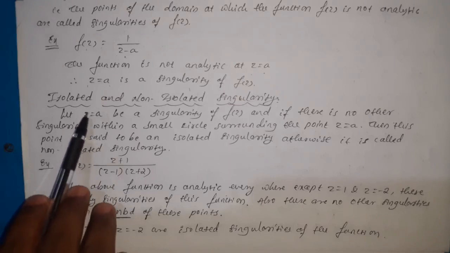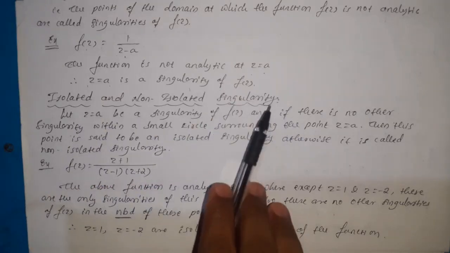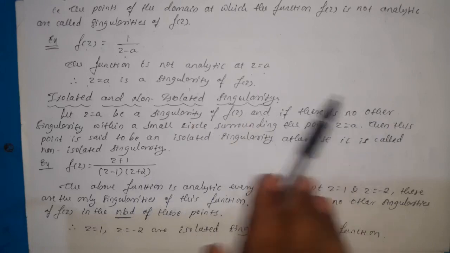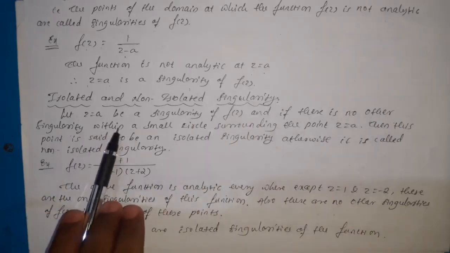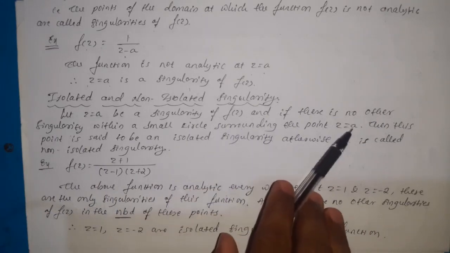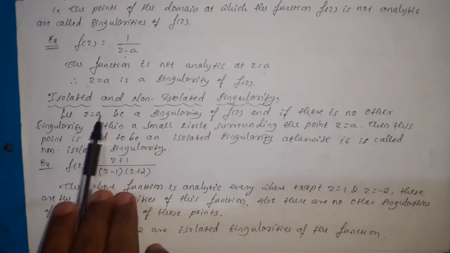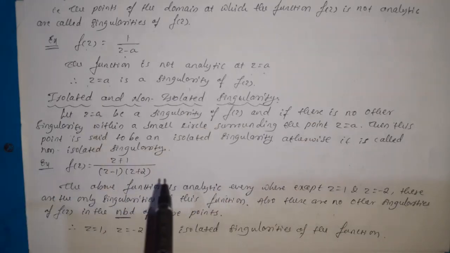And then, isolated and non-isolated singularity. Let z equal to a be a singularity of f of z, and suppose there is no other singularity within a small circle surrounding the point z equal to a. Here a is a singular point, meaning at that point the function is not analytic.